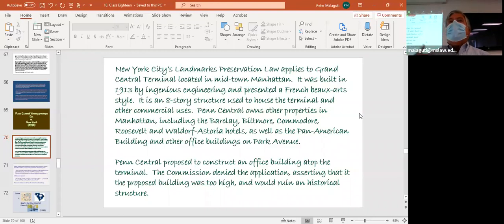You're going to dwarf the facade that everybody sees when they go into Penn Central Station. You're going to ruin the architecture if you do this. So we're not going to let you do this, okay?